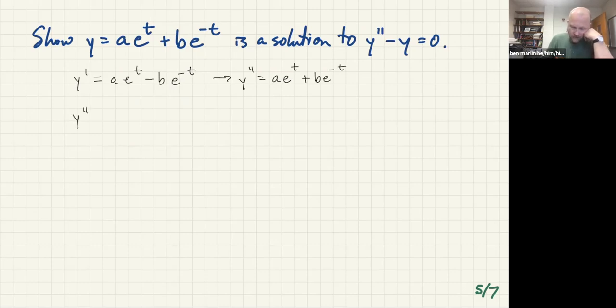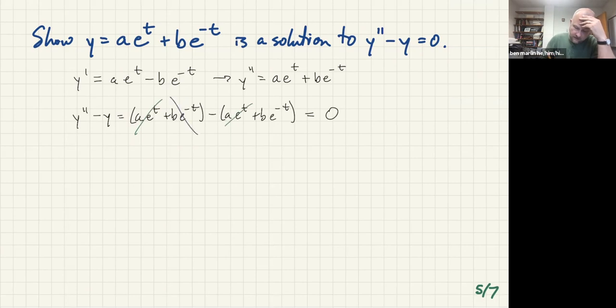Then I will calculate y double prime minus y is a e to the t plus b e to the minus t minus a e to the t plus b e to the minus t, which is 0, because you've got the cancellation here and the cancellation here, right? So when you're asked to show that something is a solution or to verify a solution, it really means take what it says on the left-hand side, show that it's equal to the right-hand side.